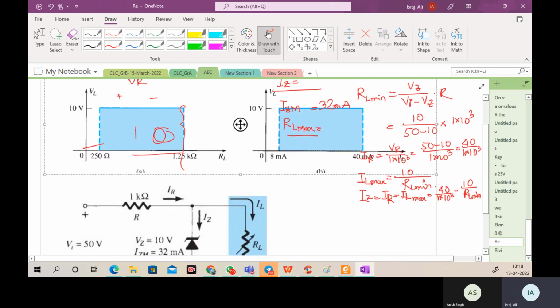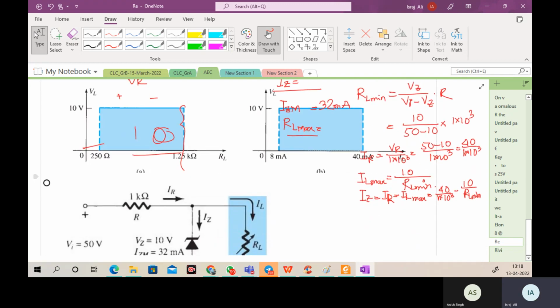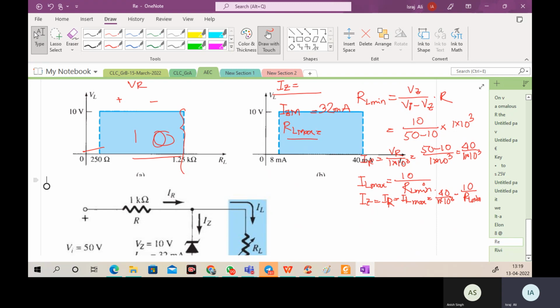You can see, I just need to give the comparison over here. This is the VL, this is the IL and RL. So I told you that you need to determine the lowest RL to the maximum RL. This will be the lowest and maximum for the 10 volt, and you need to find out the VL current, so lower current to the maximum current. You already have that equation, just you need to find out. You will get this kind of thing.